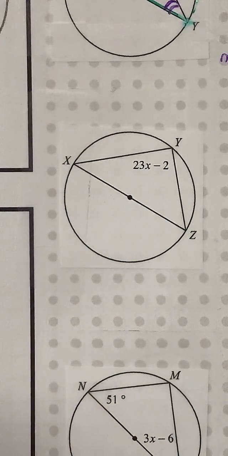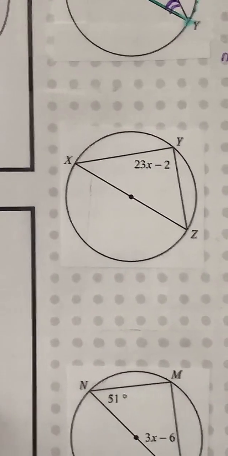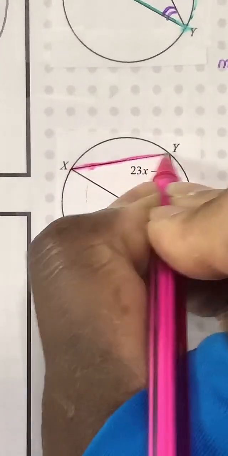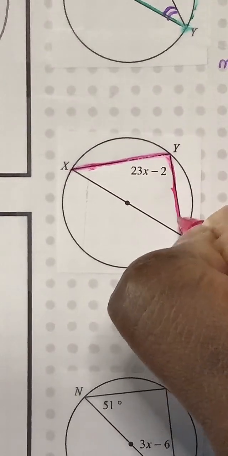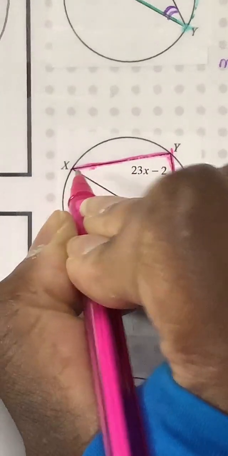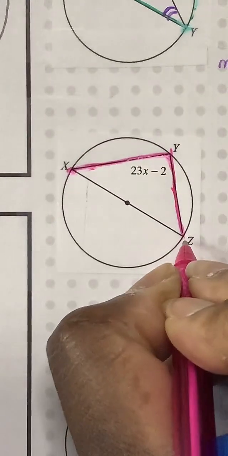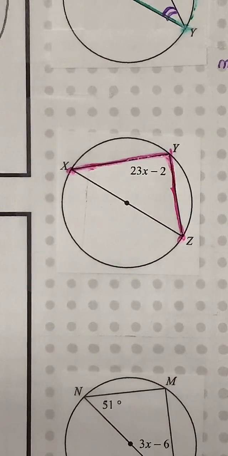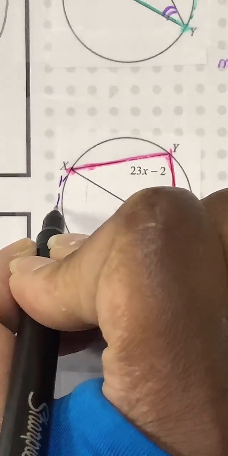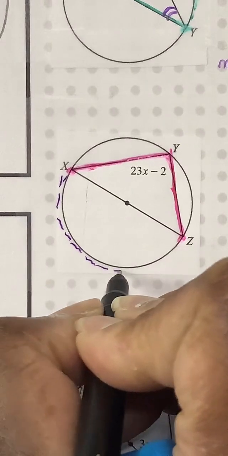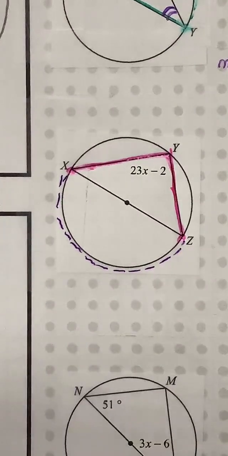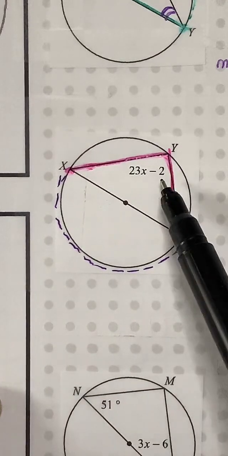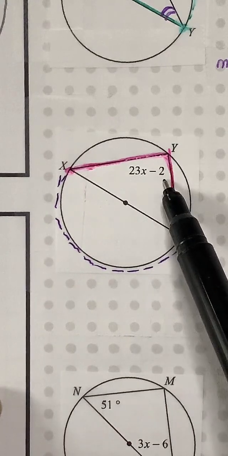If you notice this side, I have an endpoint here at x and another point here at z. That's telling me that this arc here is going to be twice as much as the measure of this angle.